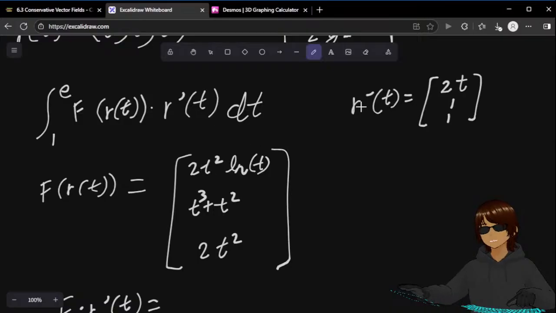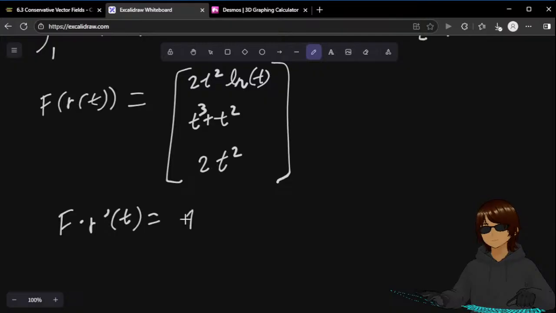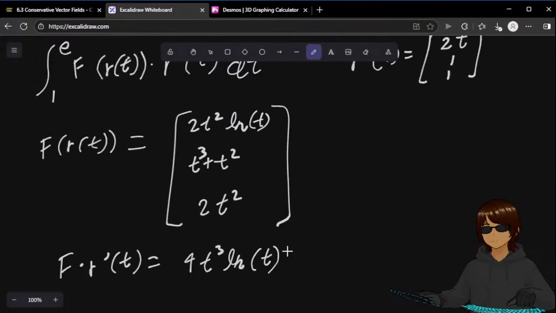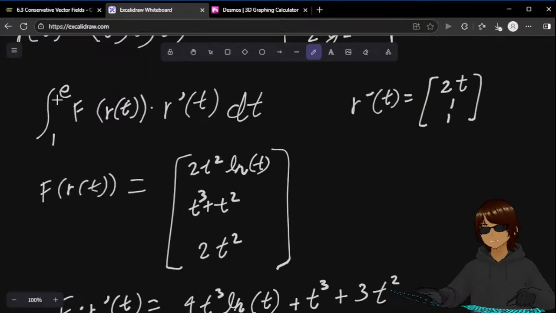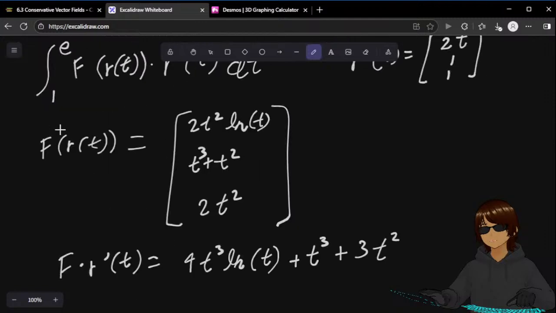This times this is 4t cubed ln t, plus t cubed, plus 3t squared.